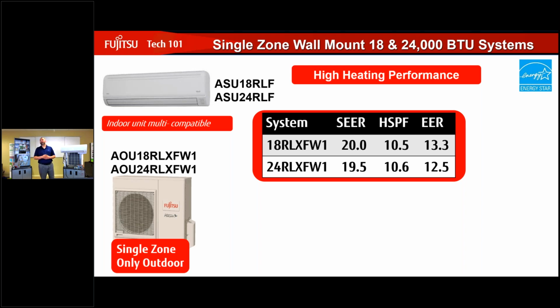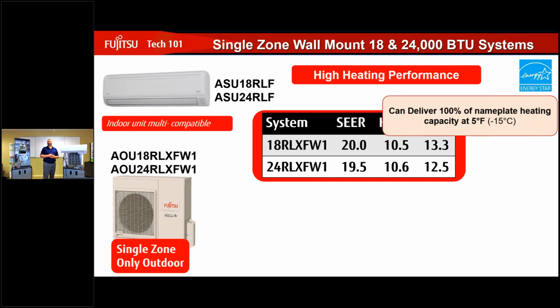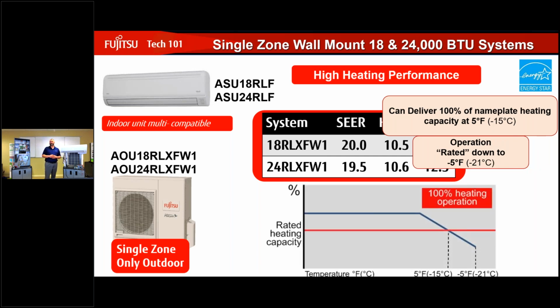So once again, Energy Star pieces of equipment. All right, so they can deliver 100% of that heated capacity down to 5 degrees. And then we start to lose a little bit of that rated capacity as we go down. And you can see that kind of there on the chart.